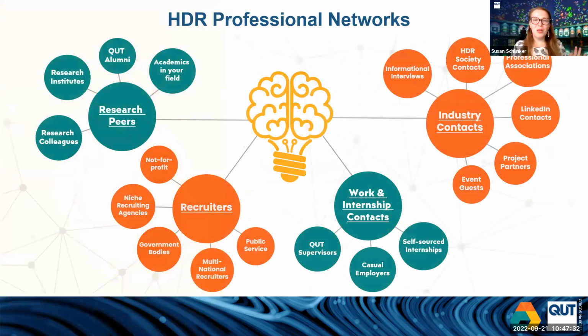In terms of your professional networks as an HDR, here are some suggestions on what you could think about. If you think of the research peers, you might have research colleagues. Juliana mentioned that she has research colleagues that are asking her about her internship experience. Who do you have? What about the research institutes? Are you familiar with any QUT alumni? What about not just your supervisor, but other academics in your field?